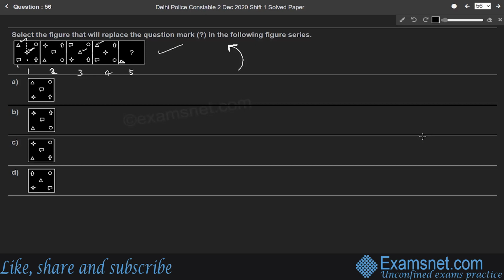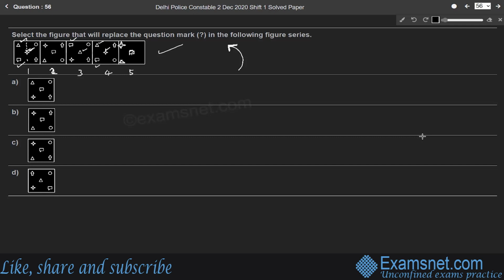Whereas this message symbol, it is moving in anti-clockwise direction: in the second figure at the center, then top left in the third figure, then bottom left in the fourth figure, therefore in the fifth figure the position has to be at the center, right? So come to the star symbol. It is moving in anti-clockwise direction. So in the fourth figure, it is at the center, and in the fifth figure the position has to be, yes, left top, right?